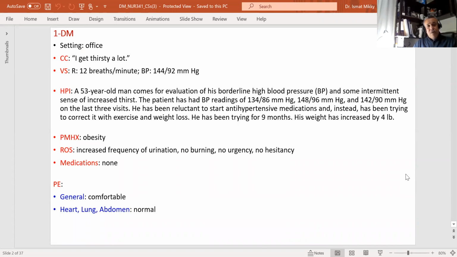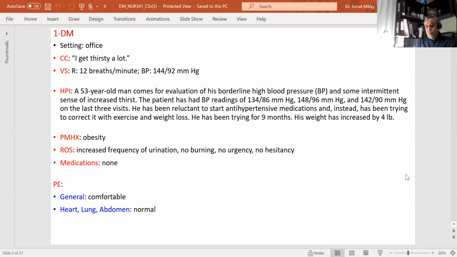And the HPI, which is the history of present illness: age 53 years old, man, blood pressure borderline high, at the high level, and patient is presented with also signs and symptoms of diabetes mellitus.